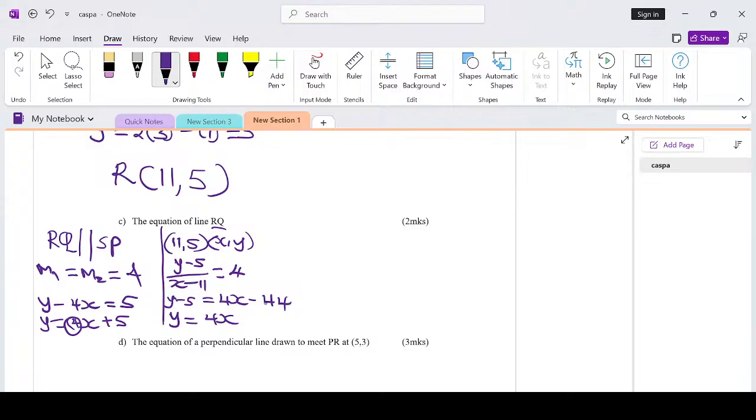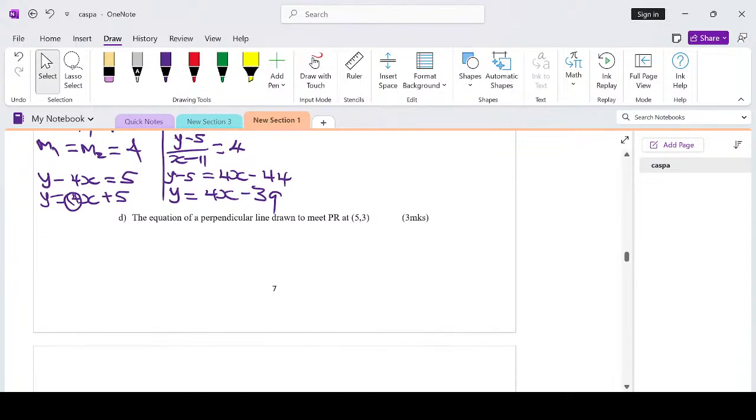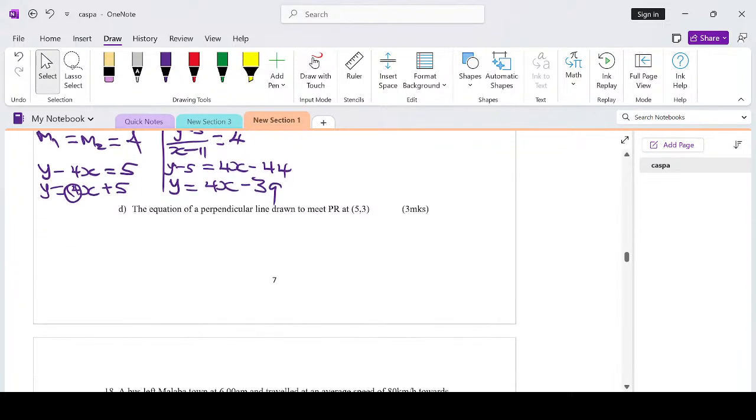So this will now be negative 44 plus 5. That is going to be in your calculator, negative 44 plus 5. You're going to get negative 39. And that will be the equation of that line. Let's see the next part.